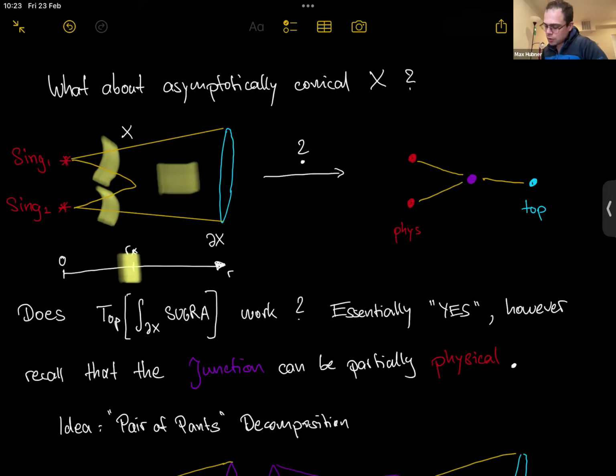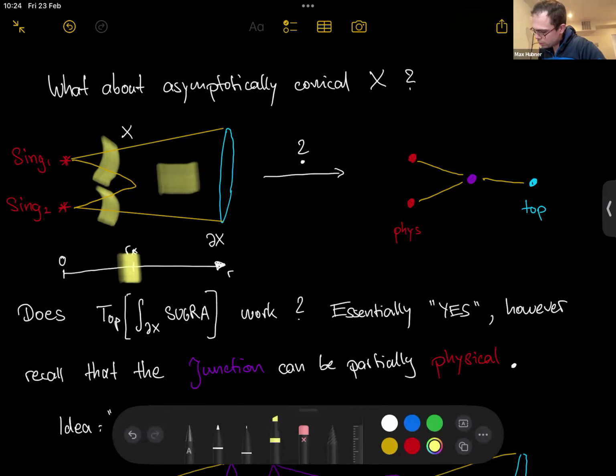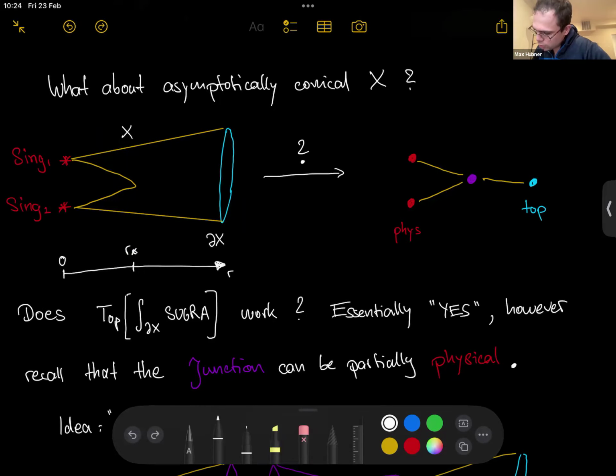So for each of these segments, let me draw it like this. For each of these little cones, so here's the first one, here's the second one, and then there's this one beyond the line that I just drew.